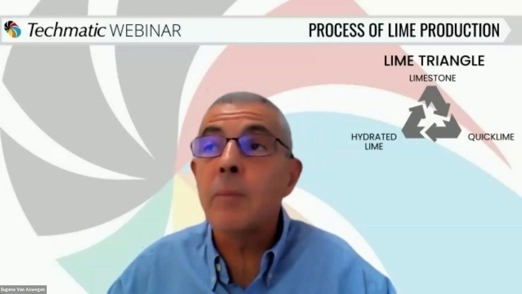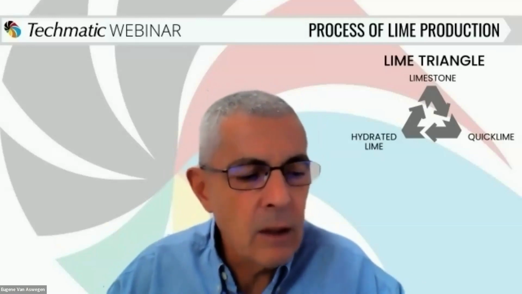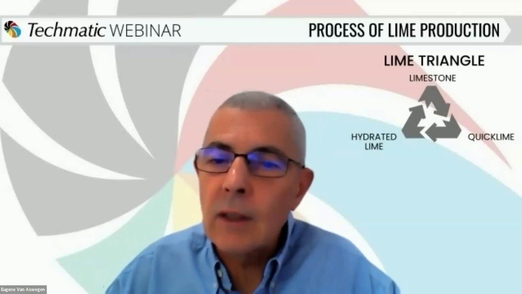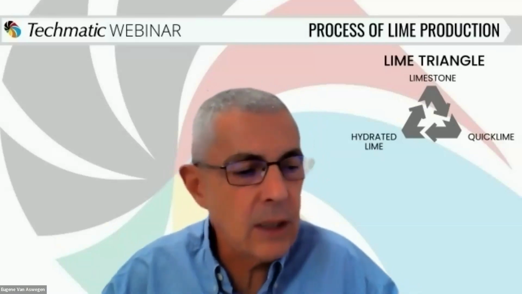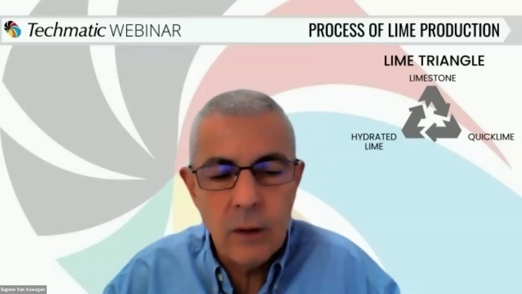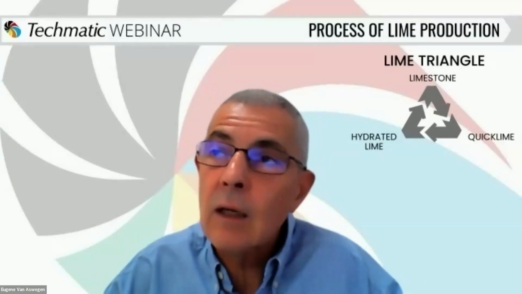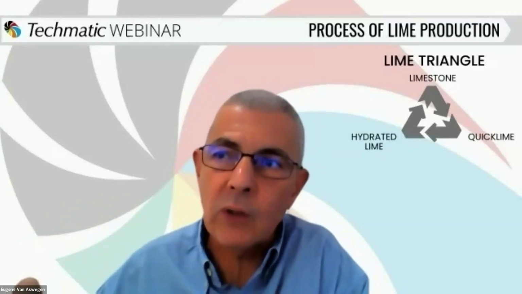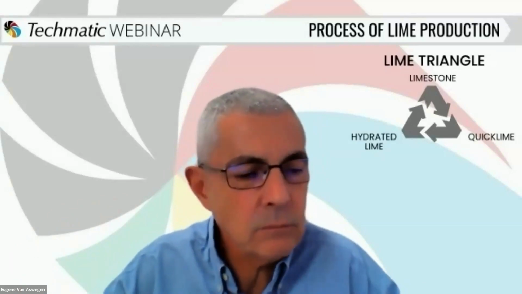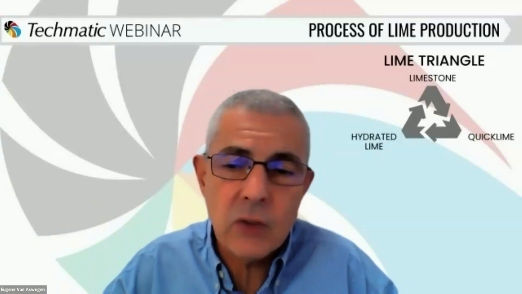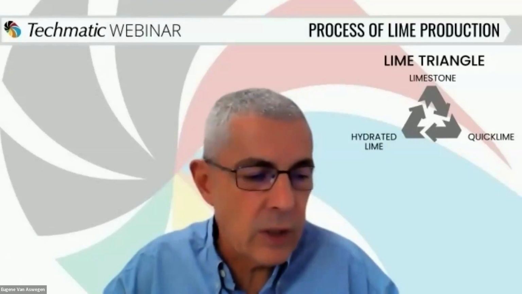So when you talk about dolomitic and calcitic, fundamentally, the limestones go through the same process if we are looking at a burnt lime dolomite or a burnt lime calcite. It is really just the chemical composition that varies.